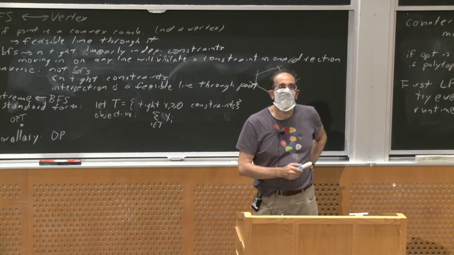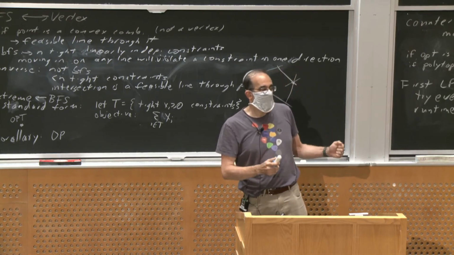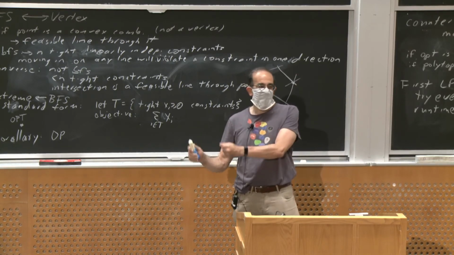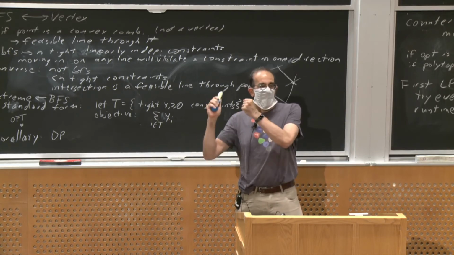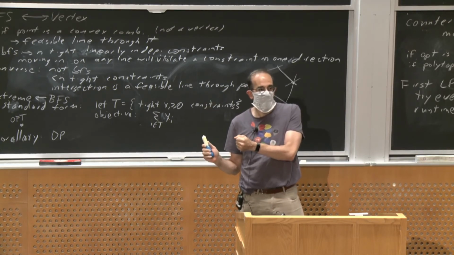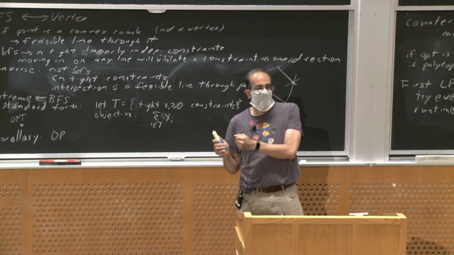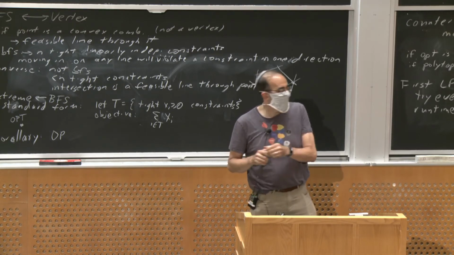Yes? I have to solve a system of linear equations, right? So a BFS is defined by a set of n tight constraints. So I say, maybe these are the n tight constraints, right? Once I know what the constraints are, I can solve the linear system, and that gives me an x, and then I plug that x in, and that gives me the value of the objective at that BFS, right?